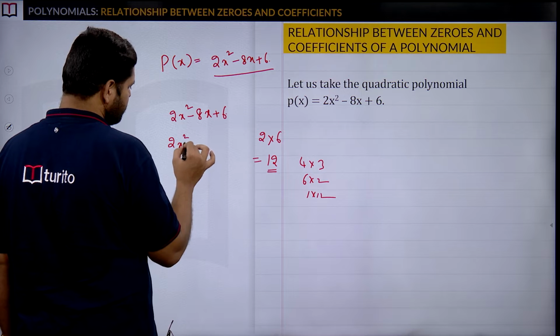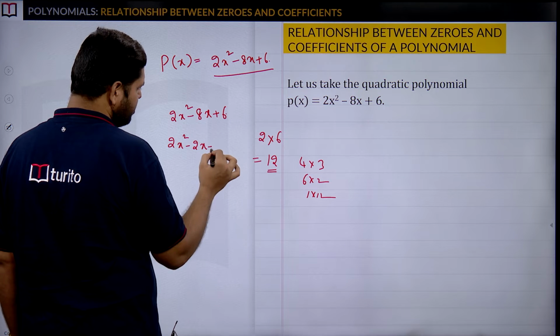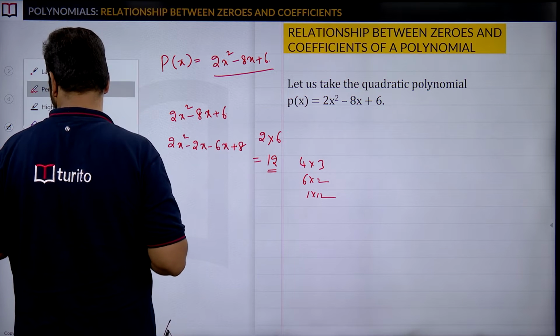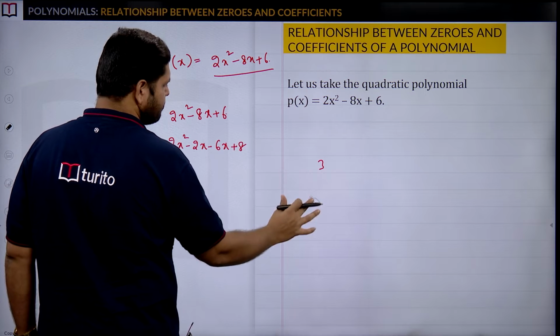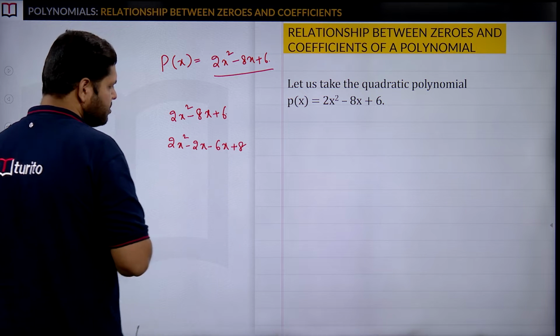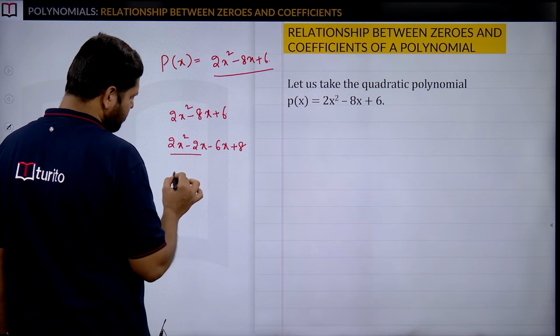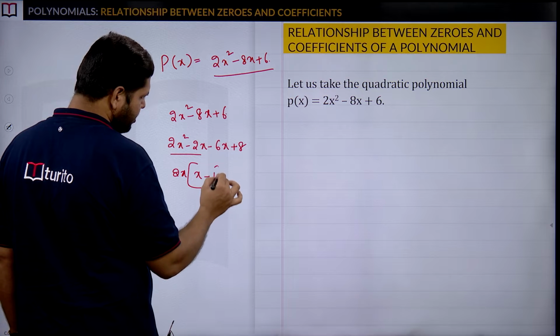So this is 2x square. This minus 8x I am splitting as minus 2x and minus 6x plus 6. Sorry, children, this is 6, not 8. Now children, take 2x as common. If I take 2x common, I will be getting x minus 1.